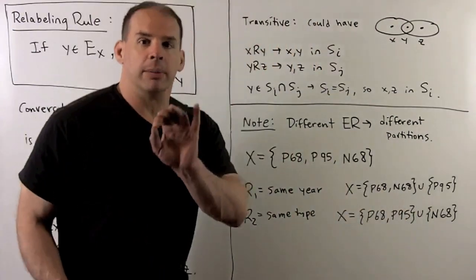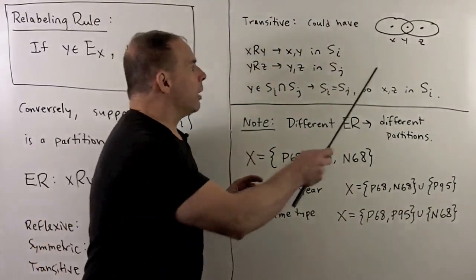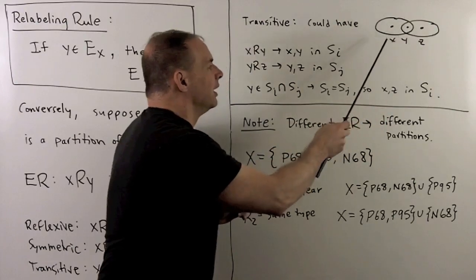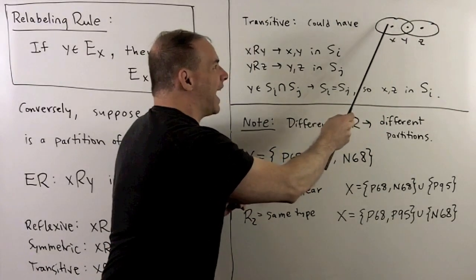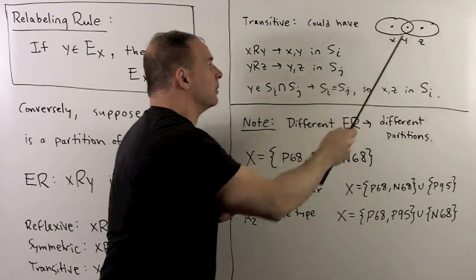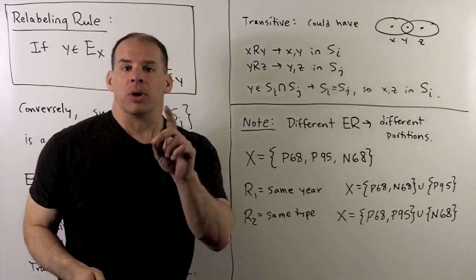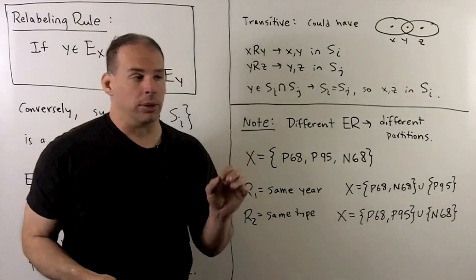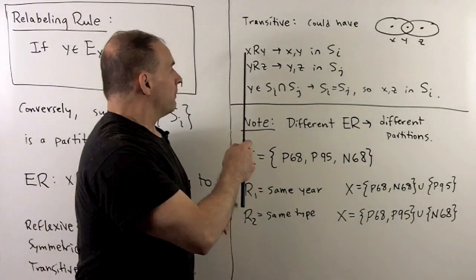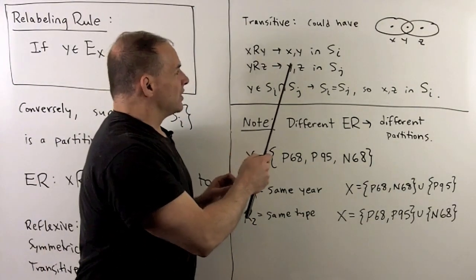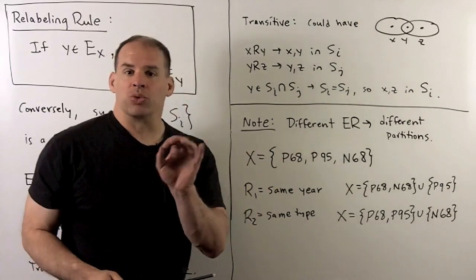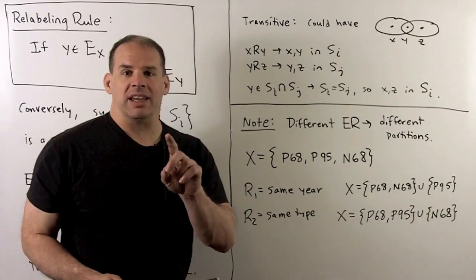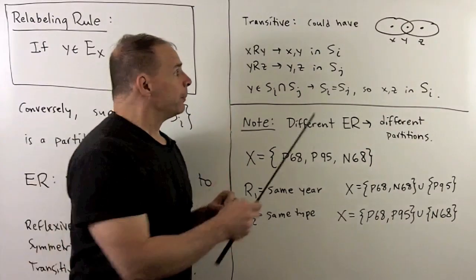So, the problem is, we could wind up with a picture that looks like this. Here I have x related to y related to z, but x is not related to z. Because we have a partition, that's not a problem. If I have x related to y, that says that x and y are in some S sub i. Y is related to z, so we have y and z in the same S sub j.